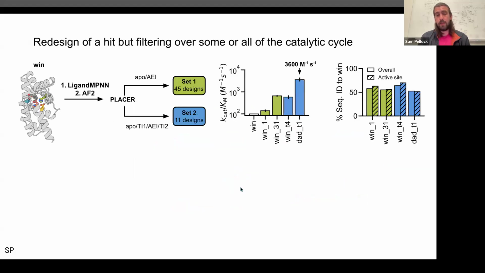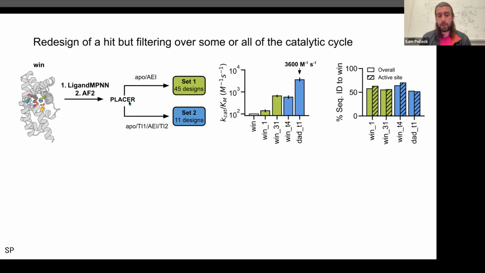And so what we set out to do is take a design that already exists, filter it over all the catalytic states, or even just part of them, and see how that affects activity or efficiency. In this case, we took a design called WIN. We did our sequence design protocol with something like ProteinMPNN, filtered with AlphaFold as we had been before.